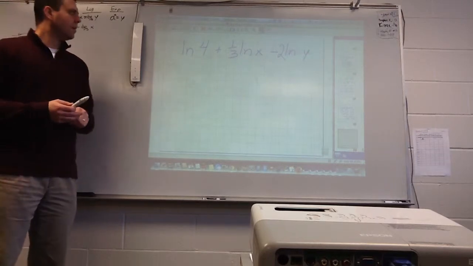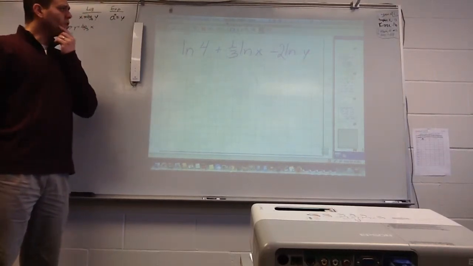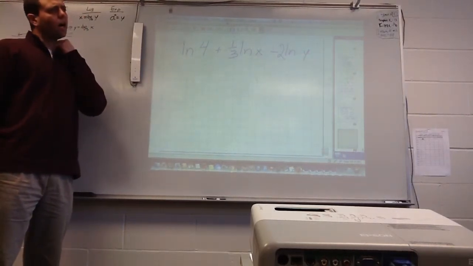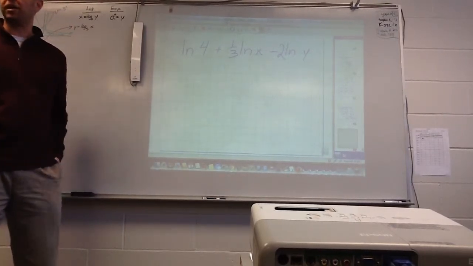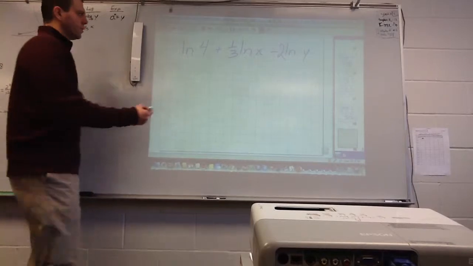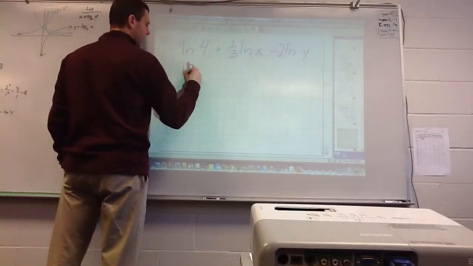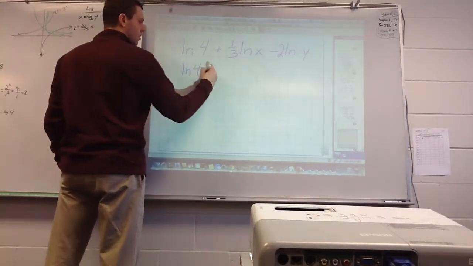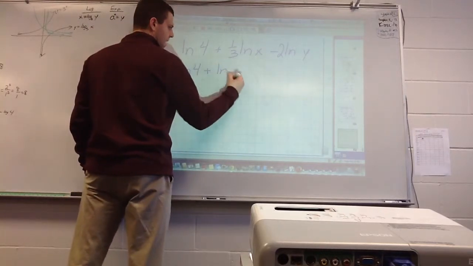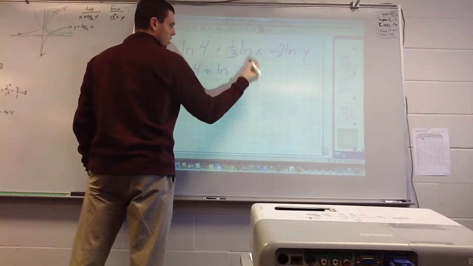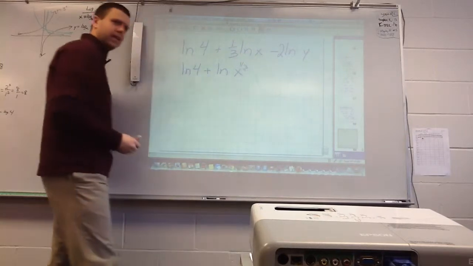Alright, so again, first thing here, whenever you have numbers out in the front, let's move those up to the powers, okay? Let's always work with the powers first. So this one has nothing, so I got ln of 4 plus what? Good, some of you guys are already calling the cube root of x out there, which is good.